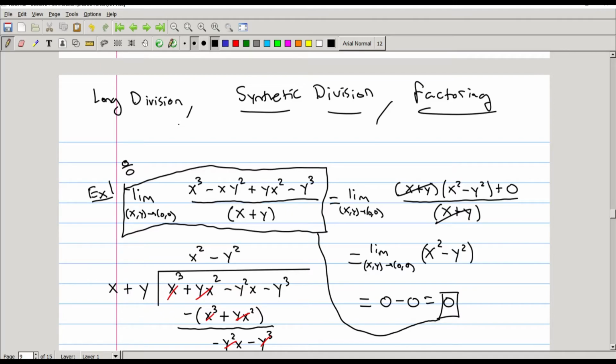But the point is that all of these algebraic techniques are super useful for evaluating the limits of algebraic functions and rational functions as well of multiple variables.